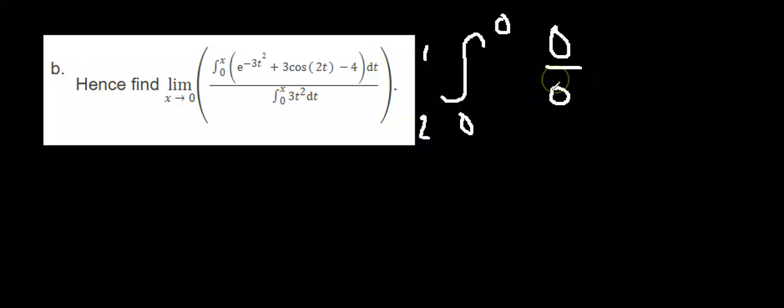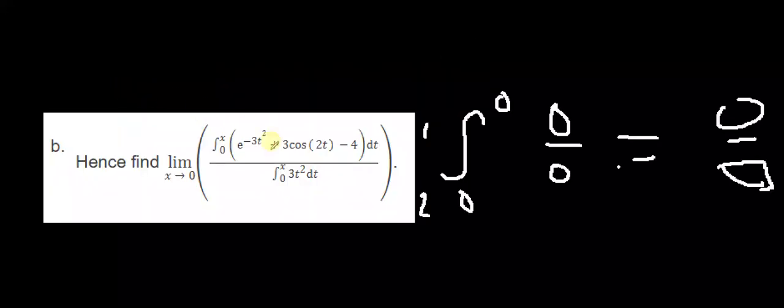Because x approaches 0, if you substitute 0 into this, the integrals will be from 0 to 0. That means the area under the graph is equal to 0. So these two integrals are equal to 0. Now we get 0 over 0, and thus we can apply L'Hopital's rule.